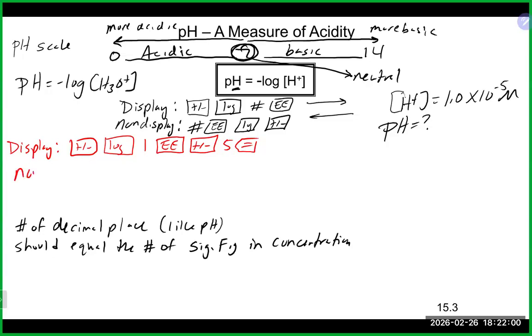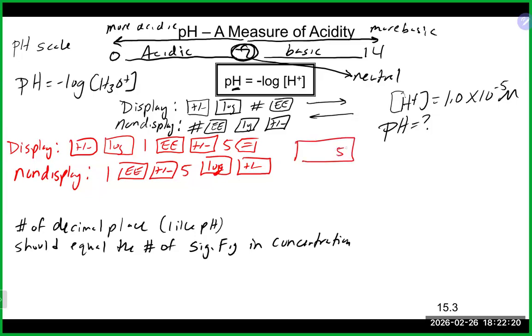On the non-display calculator, you would start with the 1 and the exponent button, the negative button, and 5. Then you would hit the log button, and then the negative button one last time. And that should give you a 5 staring at you on your screen, hopefully.